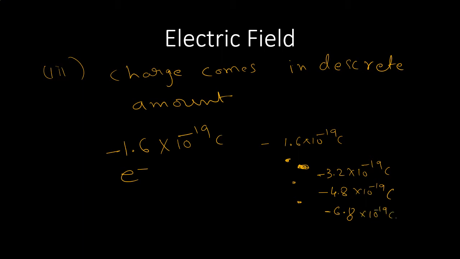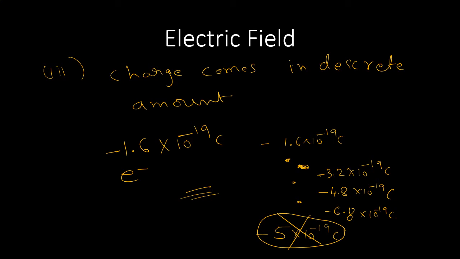If you want to have 5 into 10 power minus 19 coulomb, it is not possible because charges won't come in continuous amount, they come in discrete amount. This is a very important concept.